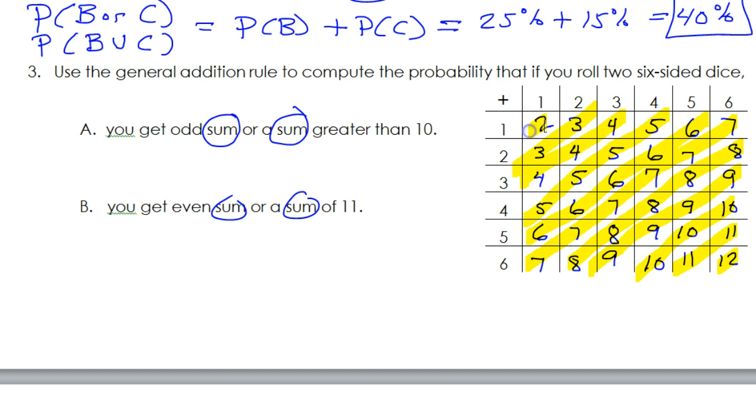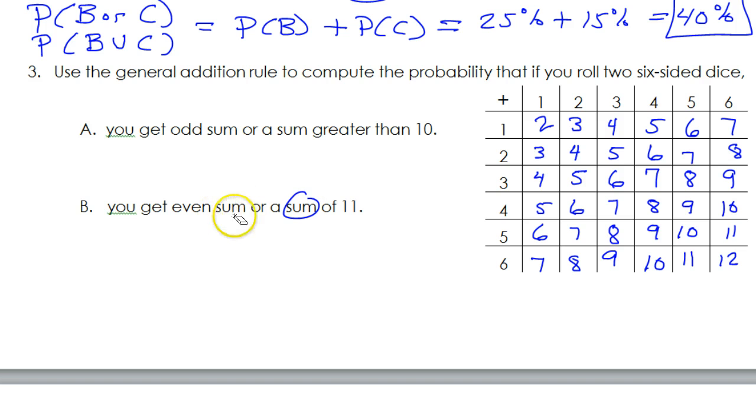It starts with 2 in the upper left hand corner and ends in 12, and along the diagonals it's just counting up 2 through 12. So if you recognize the patterns, it would be really quick to make this chart.